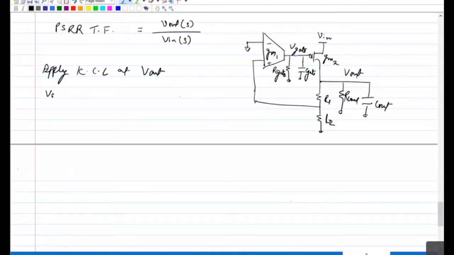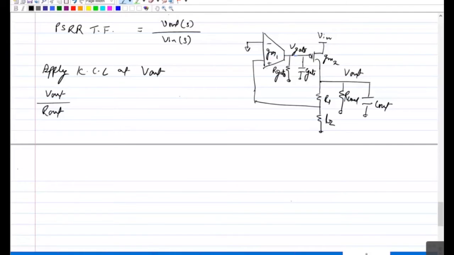So V out divided by R1 plus R2, so let me just call it R out. The total resistance at the output is R out, I'm assuming.